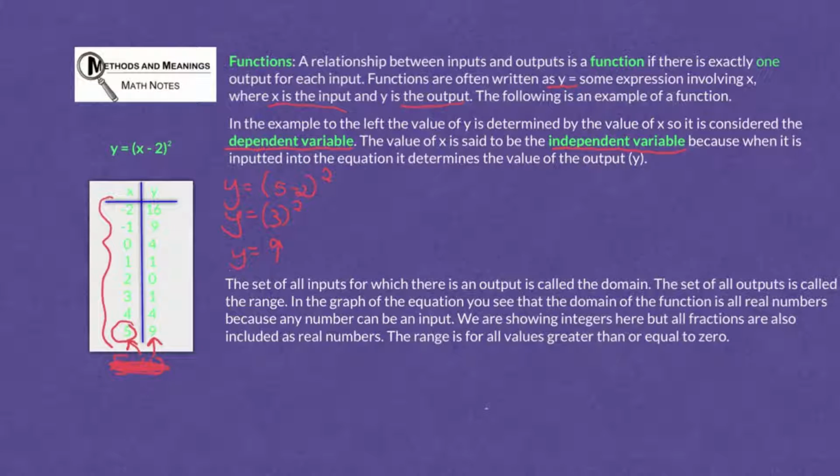Something that's also important with notation is y equals is the same as this notation. This is read as f of x. That is function notation. The f does not stand for function. F is just the name of the function. But you'll see in Algebra 2 that you will use the f of x more than you will use the y. When you see f of x, it does behave just like the y.